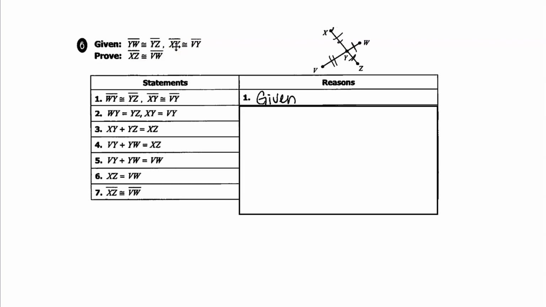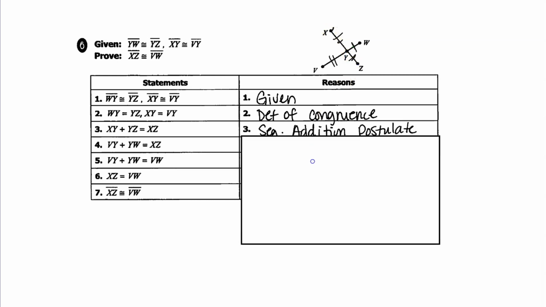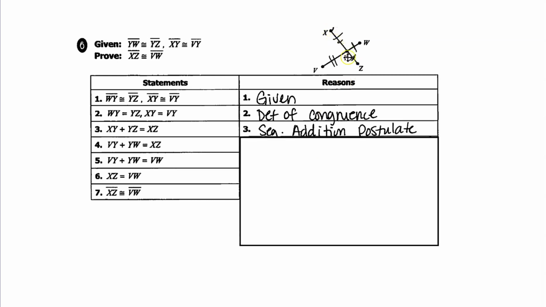All right, so WY equals WZ, right? All we're doing here in these statements is removing the congruent symbols. That's definition of congruence. Then we're saying that XY, which is right here, plus YZ equals XZ, right? That's the segment addition postulate. We're adding these two together. Same thing. Then we have YV plus YW.